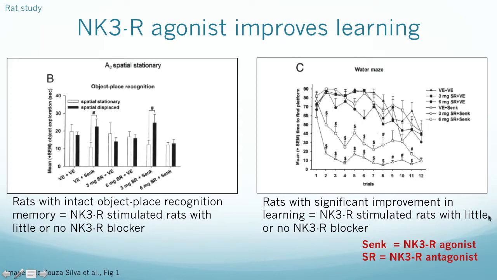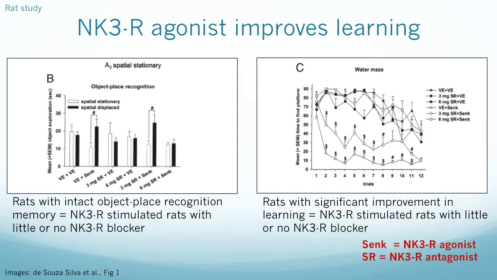Now remember, with the object place recognition task, if the rats explore the spatially displaced object more than the object that was not displaced, it is assumed that these rats remember the locations of the objects being presented to them.